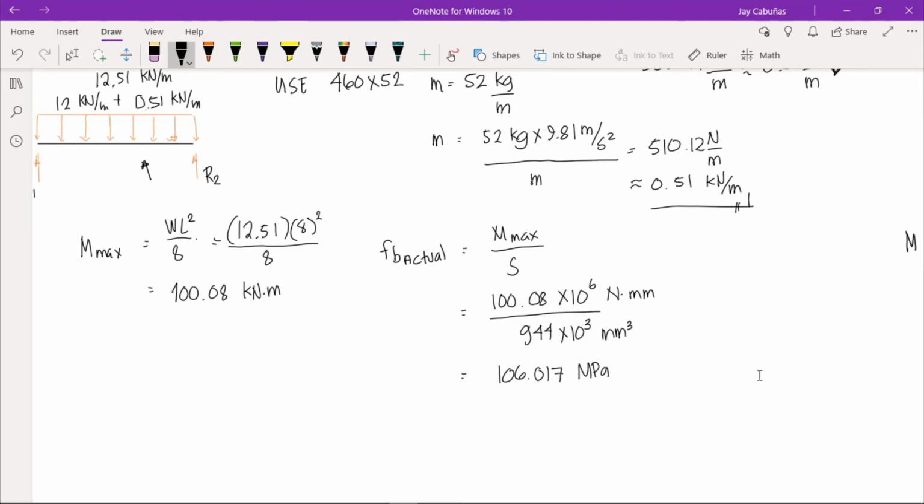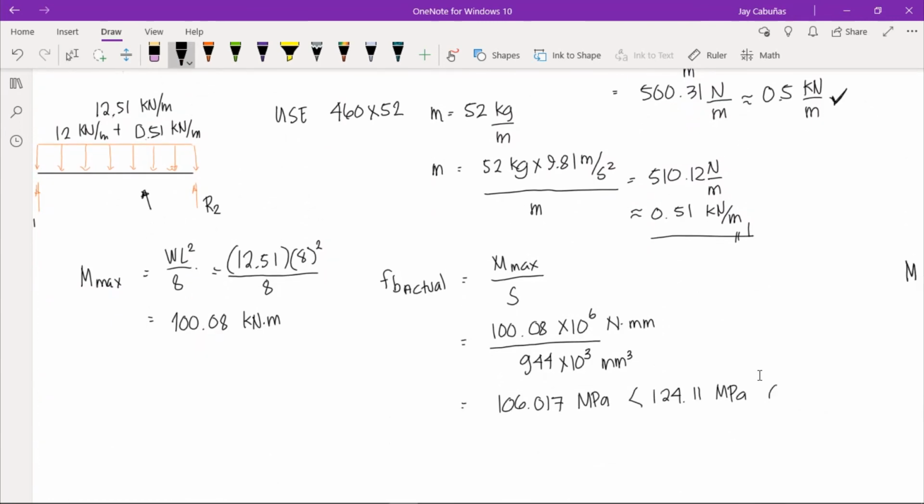megapascal, and this is lesser than the allowable stress, which is 124.11 MPa. So therefore, this is safe.